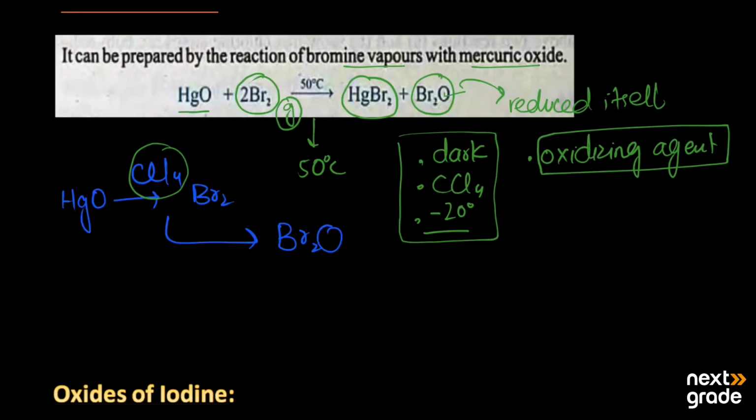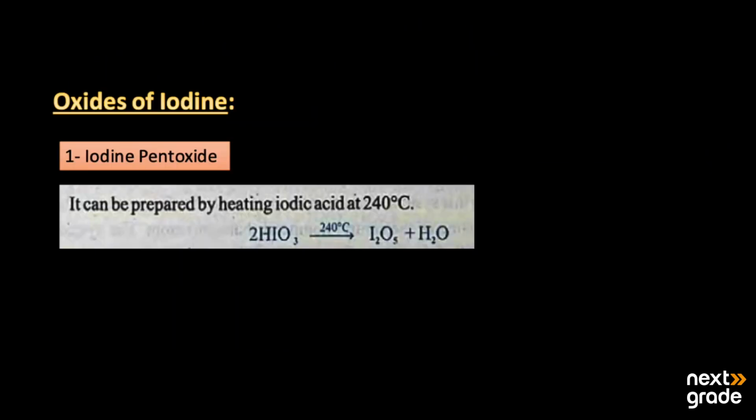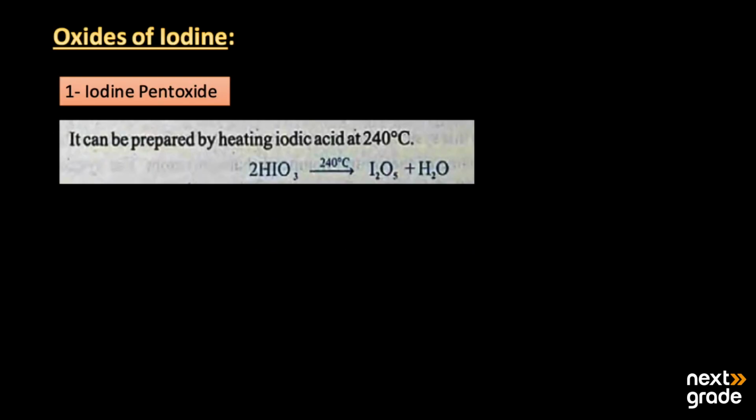After the oxide of bromine, we have the oxides of iodine. Out of all the types of oxides of iodine, there is only one important oxide, called iodine pentoxide, and its formula is I2O5.